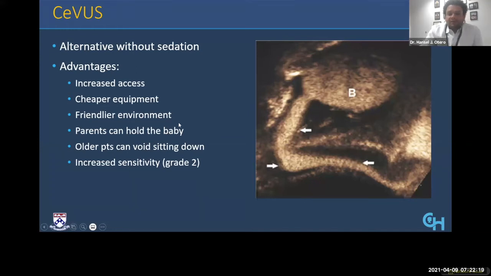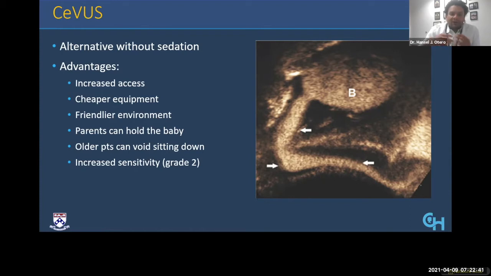Advantages of using ultrasound: I think ultrasound is more available. So there might be a benefit that it is easier to adopt in smaller hospitals or in hospitals that don't have fluoroscopy, also because ultrasound equipment is easier and cheaper to get and to maintain. It is a friendlier environment.